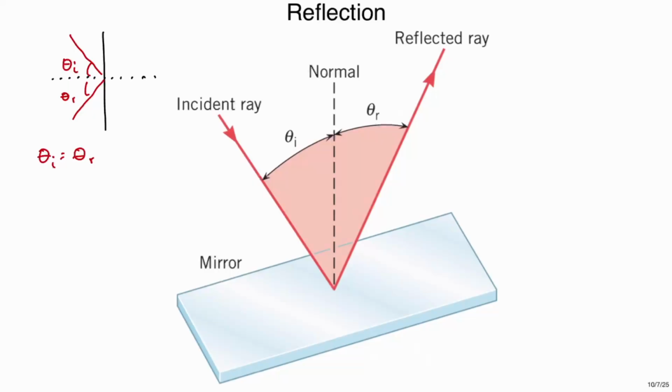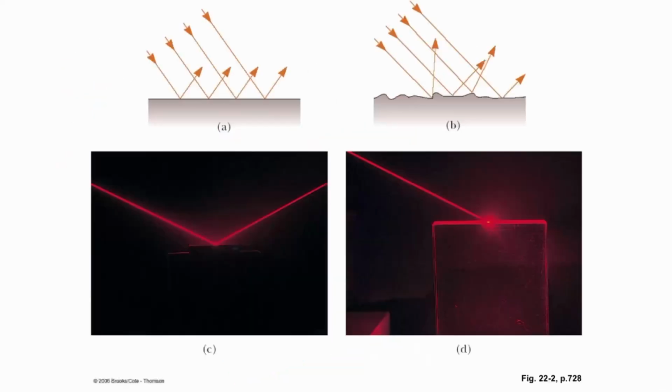We're also going to use refracted in the next chapter. So we have our incident ray, we have our reflected ray. We know for a plane mirror, a flat mirror, angle in equals angle out. This is also true for spherical mirrors, and we'll get to that in a second. So the law of reflection is for any mirror: angle in equals angle out.